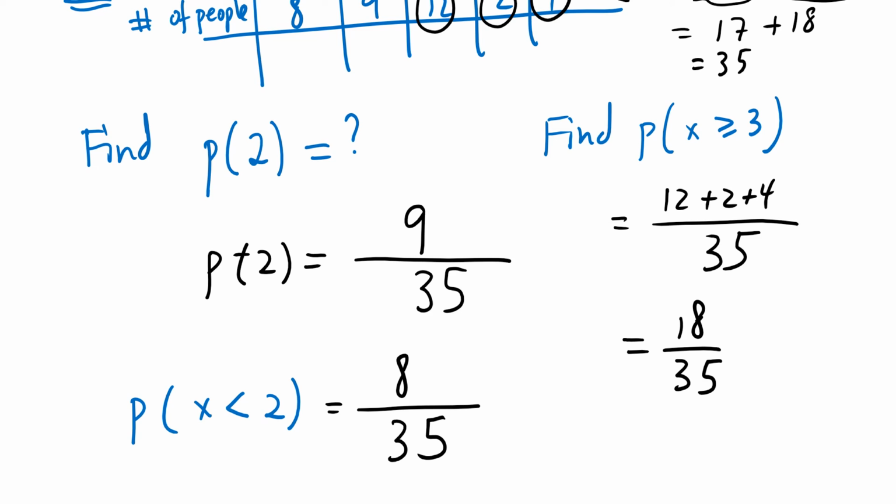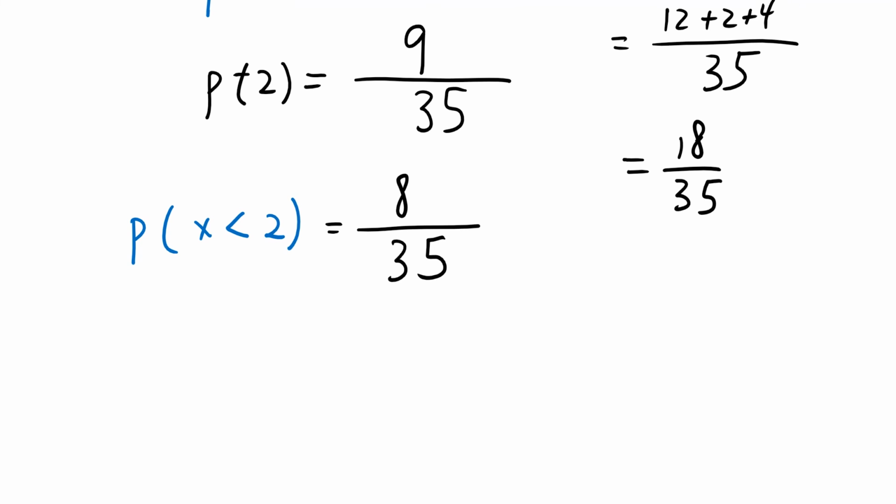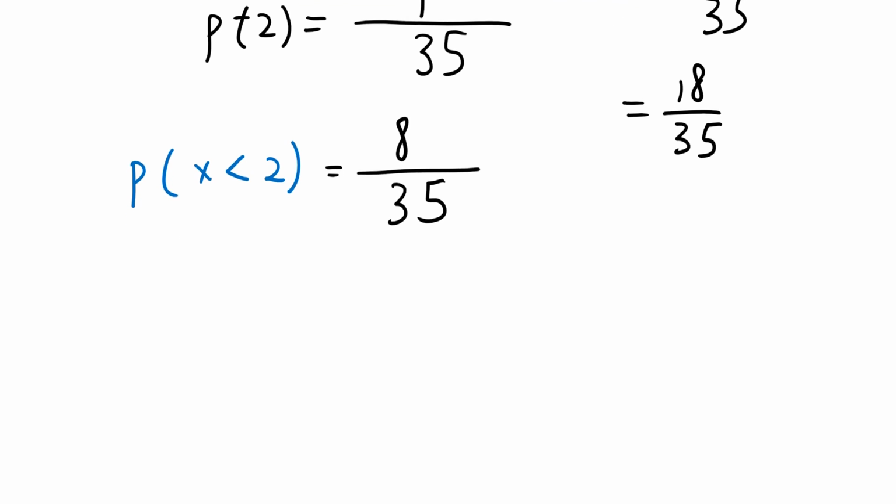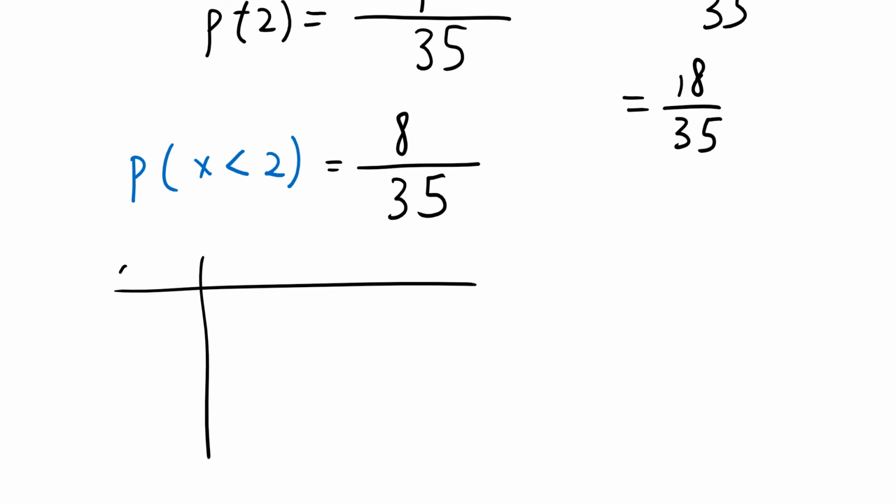Now, when we run any experiment, there is something we have to make sure of. Sometimes they give you a table and ask you, is this model a probability model? Let's say someone is choosing a color.